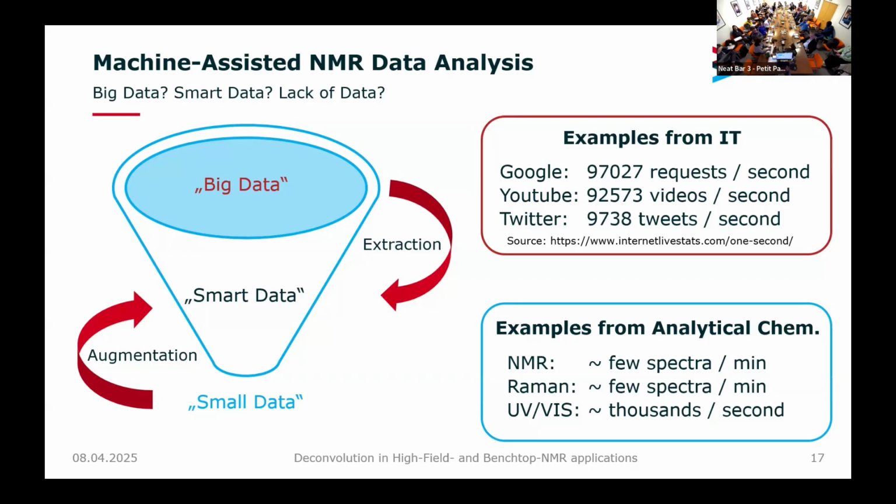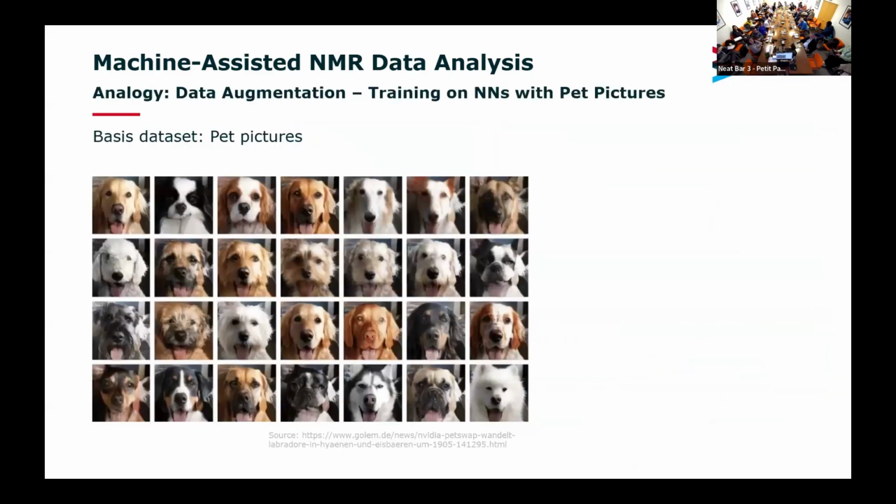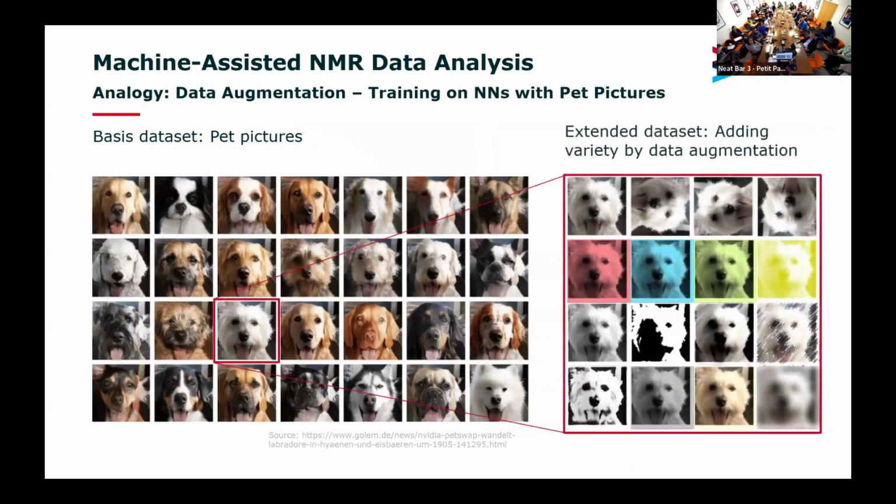So what we tried to do to get started with this is some kind of augmentation. If you compare it to things more common to neural networks, like image recognition, you can see a data set of pet pictures here, basically dogs. What you would do with augmentation is take one of these pictures and add some variety to this data, like turning it around, messing with some colors, messing with other things on the picture to get a more extended training set.